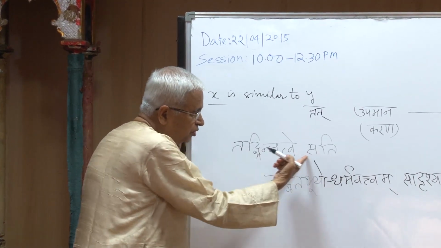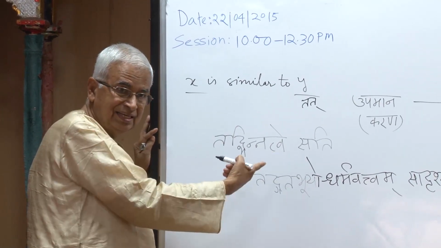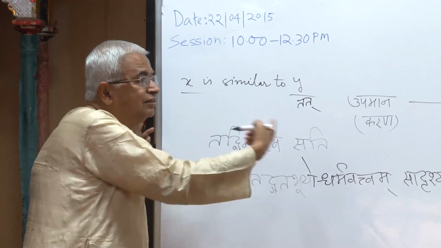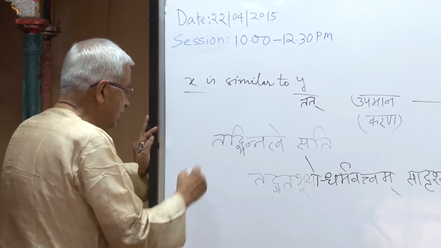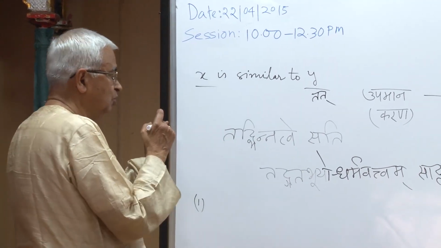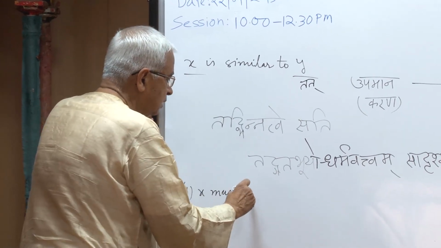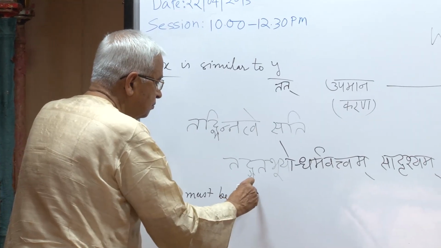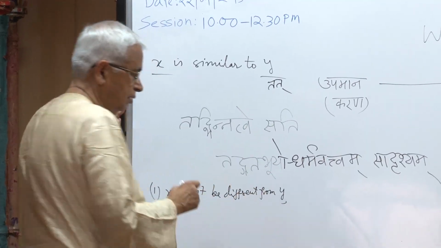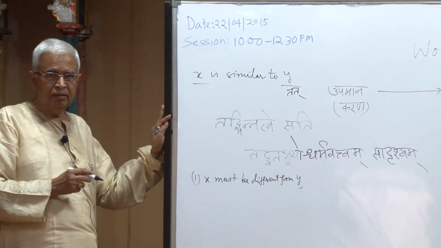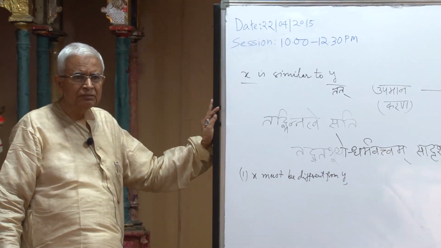Whenever you come across such a prayoga in Sanskrit, that means the condition they are mentioning. Sati. Two have to be given. So X should have two features. Number one, that X must be different from that Y. Can you say X is similar to X?